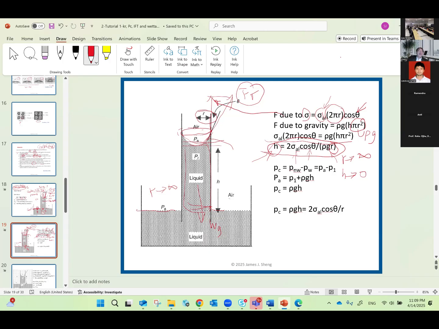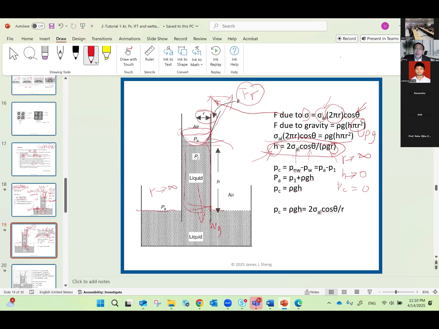So that means water will not go up. If the water does not go up, then at the interface, what about the PC? PC must be 0. Why does water go up? Because you have interfacial tension, and the capillary pressure depends on interfacial tension.